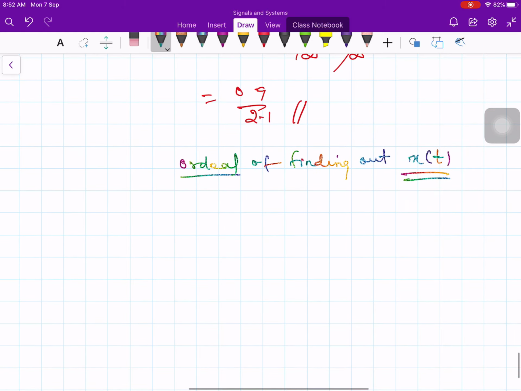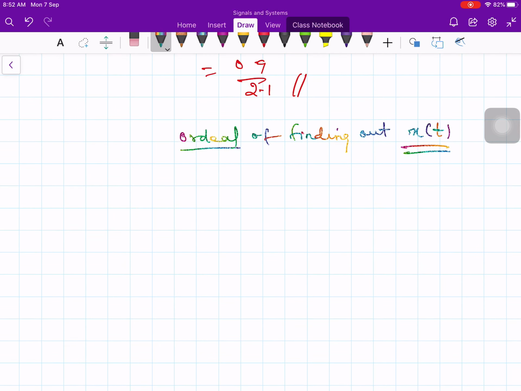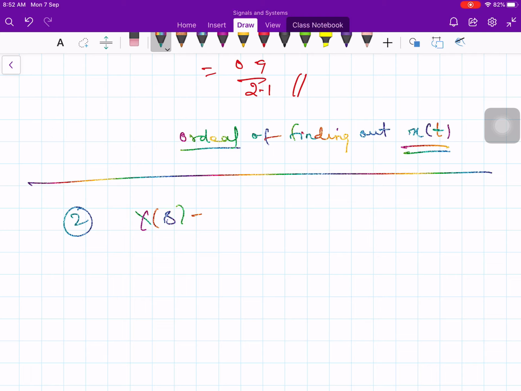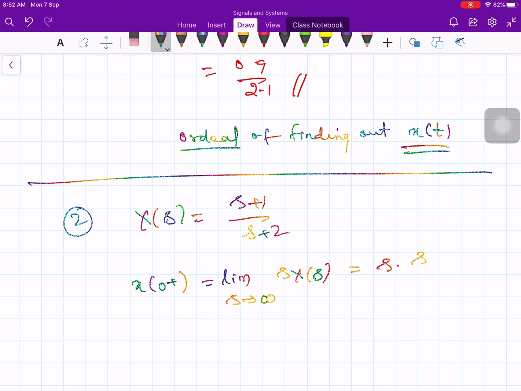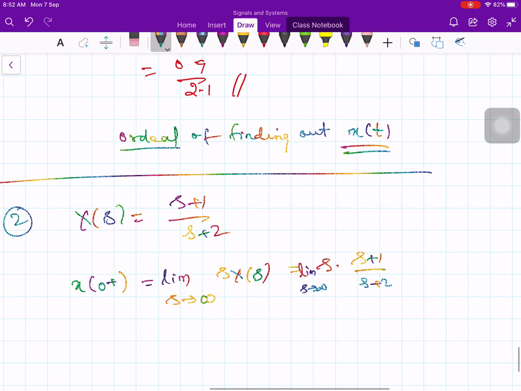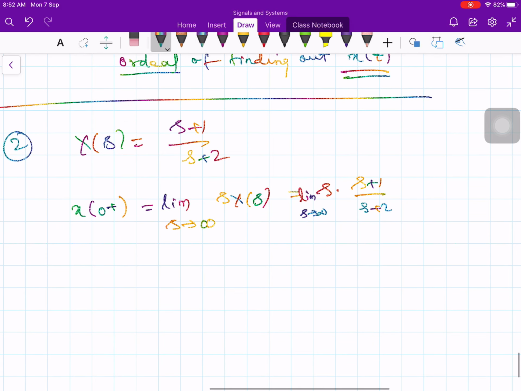Now let me take the second example. X(s) is equal to (s + 1) divided by (s + 2). Now, what is x(0+)? The limit as s goes to infinity of s times X(s), so again s times (s + 1) divided by (s + 2). Now the limit as s goes to infinity of s times X(s) goes to infinity.